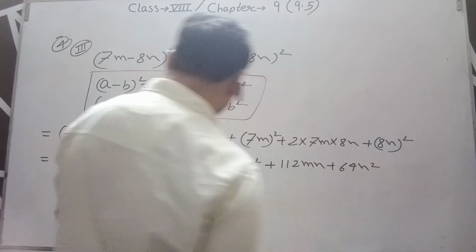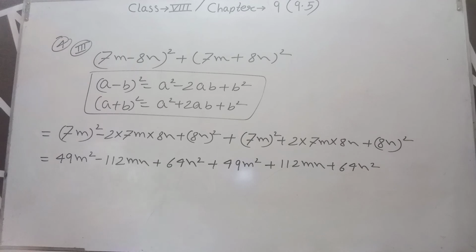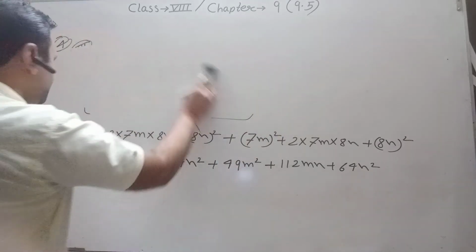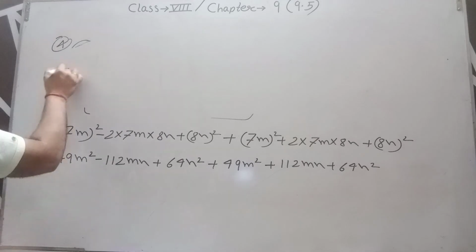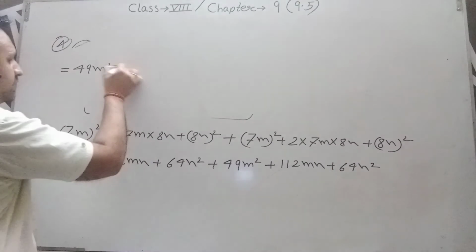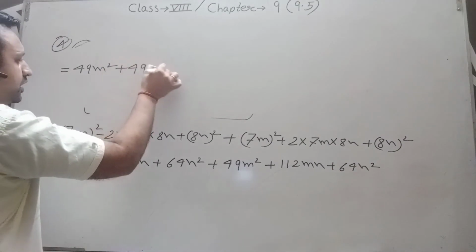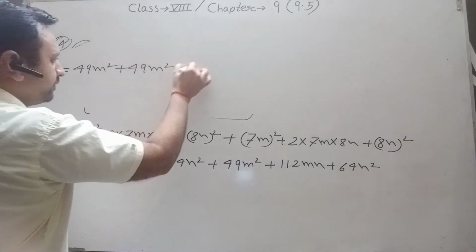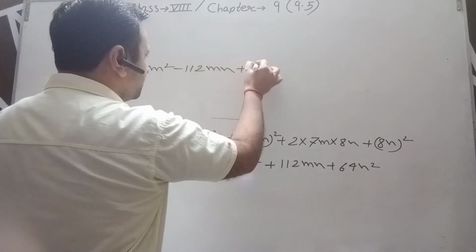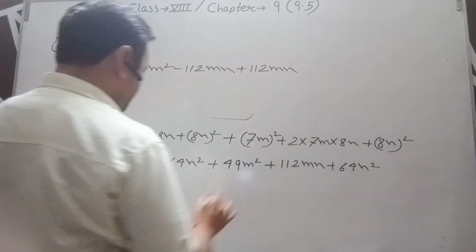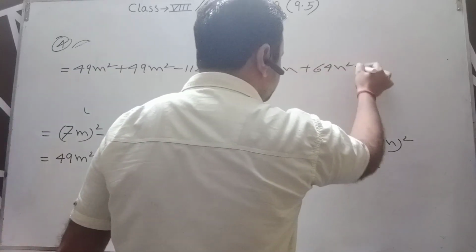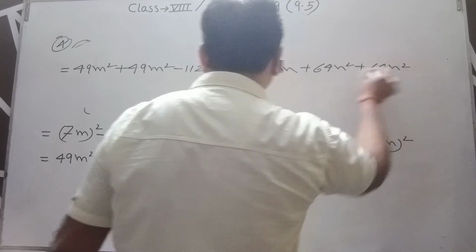Now we adjust the like terms and note down the like terms near to each other. 49m square plus 49m square, minus 112mn plus 112mn, plus 64n square plus 64n square.